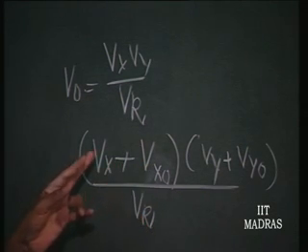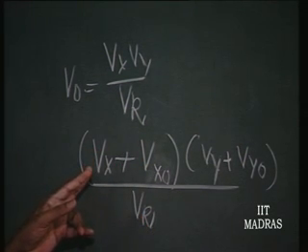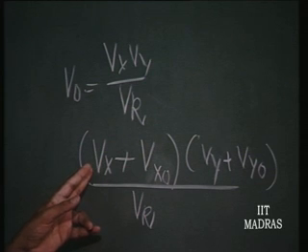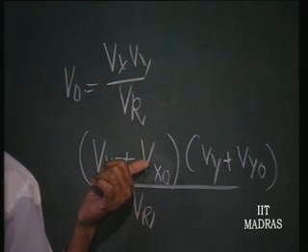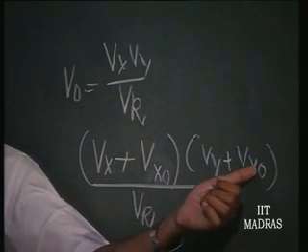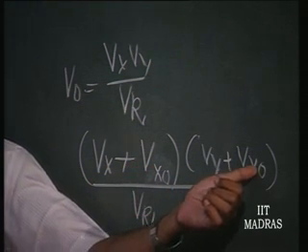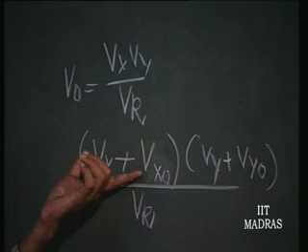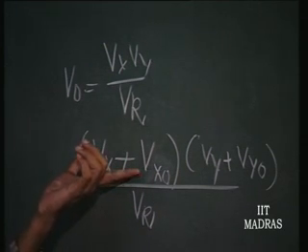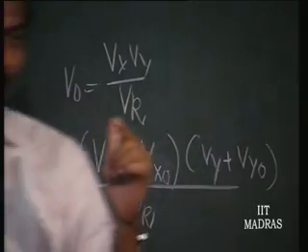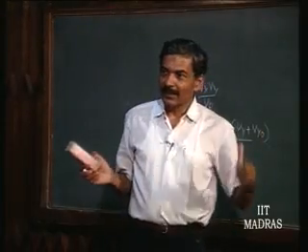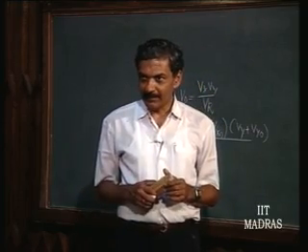V x should be capable of going both plus 10 volts and minus 10 volts, and still the total has to be positive. So, if you make V x naught equal to 10 volts and V y naught equal to 10 volts, which means basically you have to make the log amplifier work for a maximum of 20 volts, both of them, and apply a DC offset V x naught as an additional current, that is all.